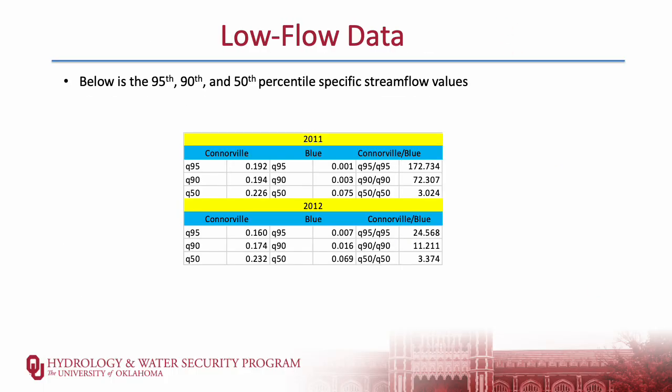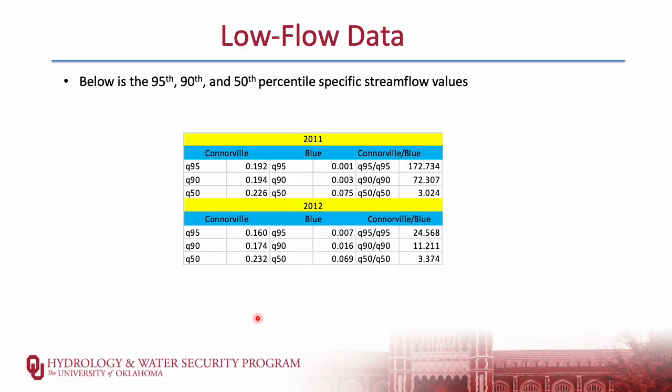And here we have the percentile calculations from the flow duration curve a few slides back. And here I calculated the 95th, 90th, and 50th percentile stream flow values for the specific discharge.